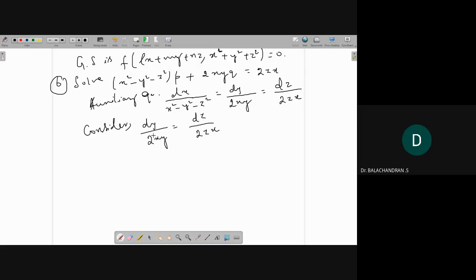So 2 gets cancelled, and x and x get cancelled. We have dy by y equal to dz by z.